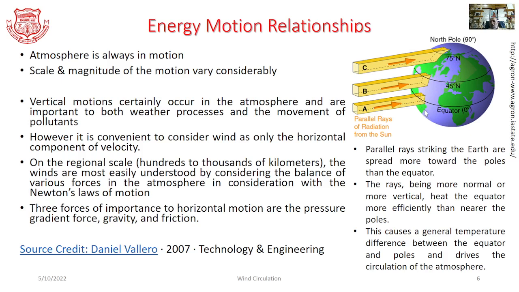So the rays being more normal or vertical, they hit the equatorial region more efficiently as compared to what could be the happening near this particular polar region. Hence, as we consider the global effect, it causes the general temperature difference between the equator and poles, and hence it is the basis to have the air movement from the poles towards the equator and from equator towards the poles.